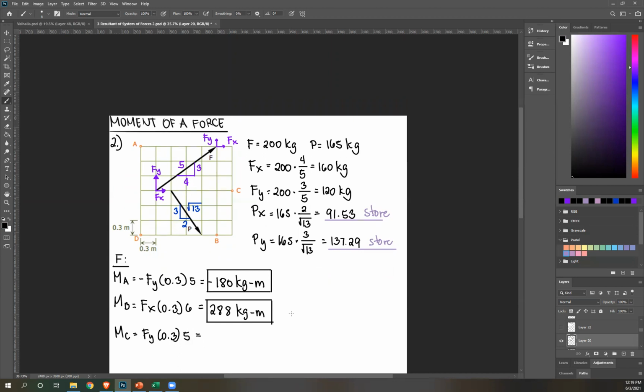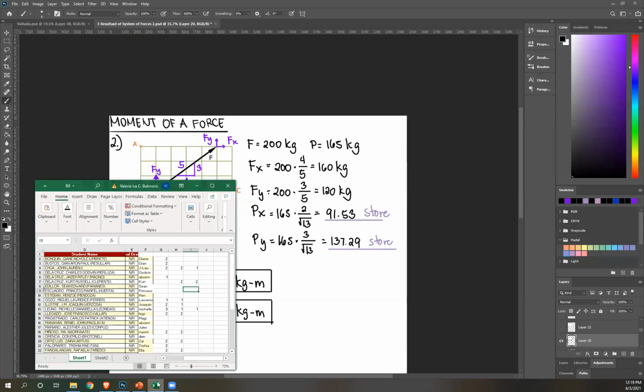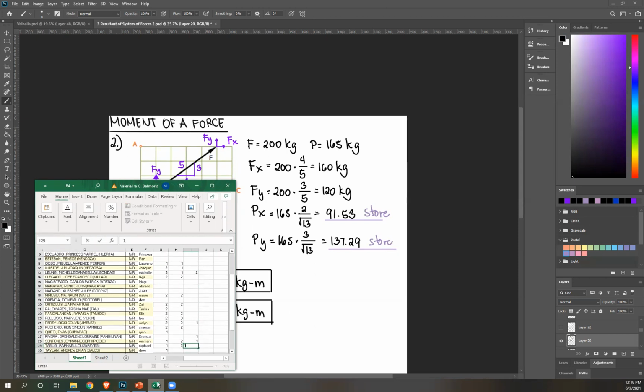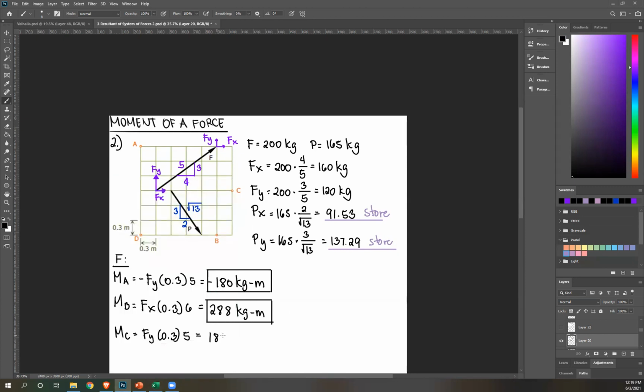Right, it's 180. Yeah, 180. So 180 positive kilogram meter.